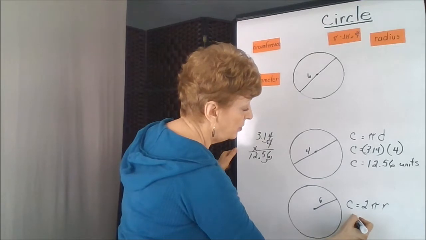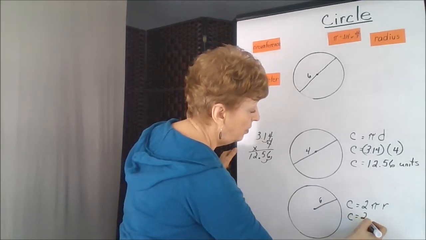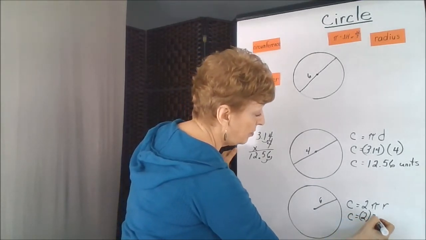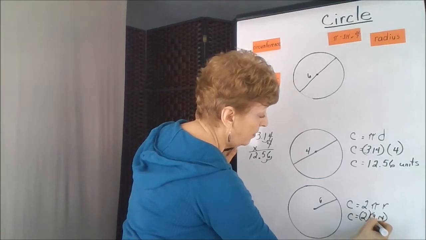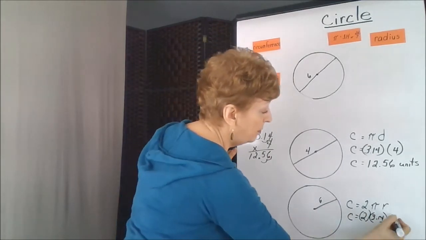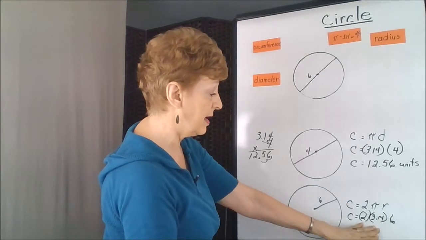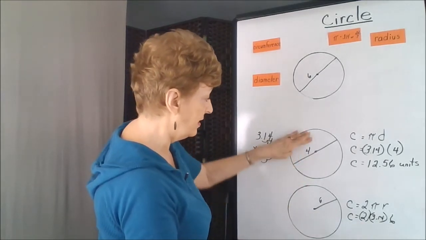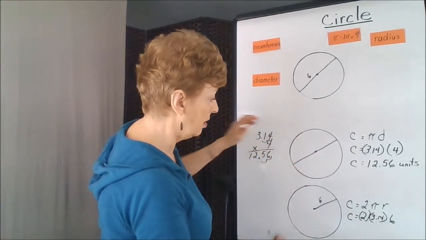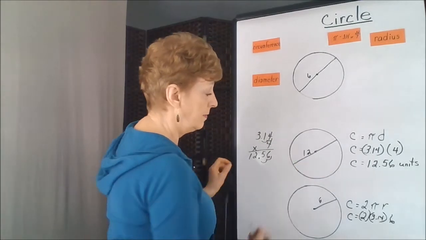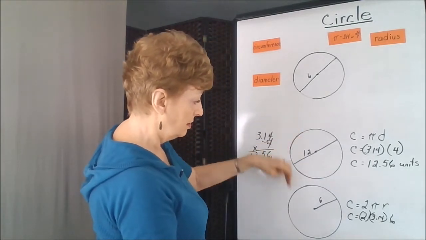So we're going to do circumference is equal to 2, pi is 3.14, and the radius of this is 6. But basically, it's the same thing if we were to say that this calculation here was 12. That would be 2 6s.